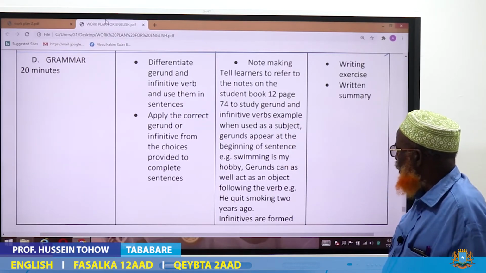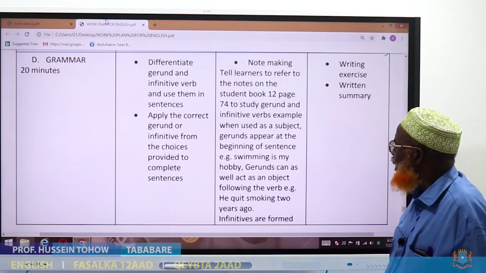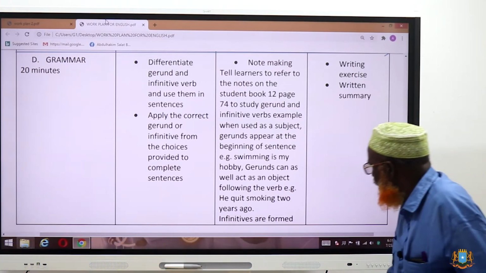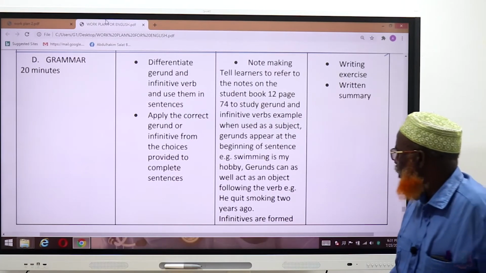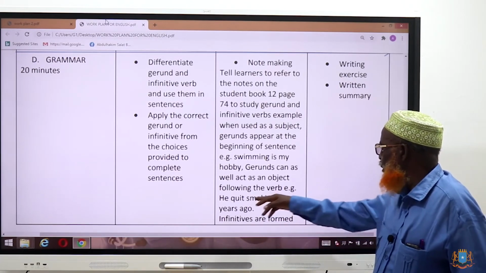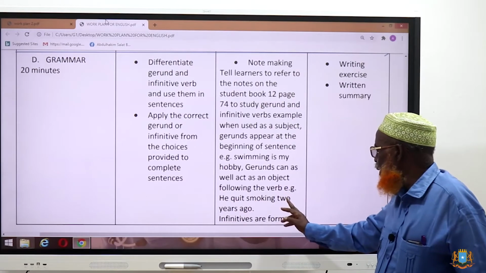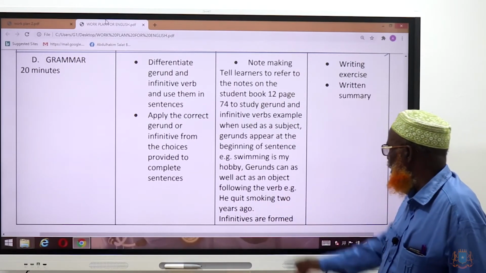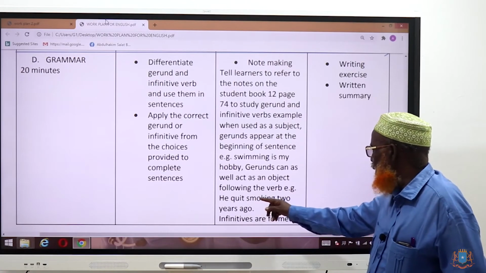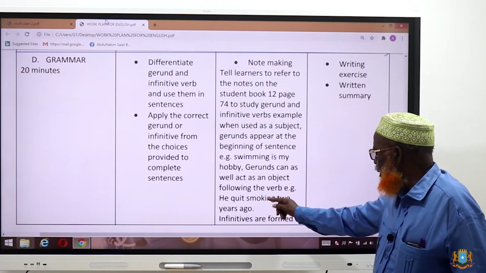If we look at another sentence, they may come in the middle of the sentence as an object. For example, here, he quit smoking 2 years ago. So the correct verb is smoking. It has got an ing, and it is an object here.